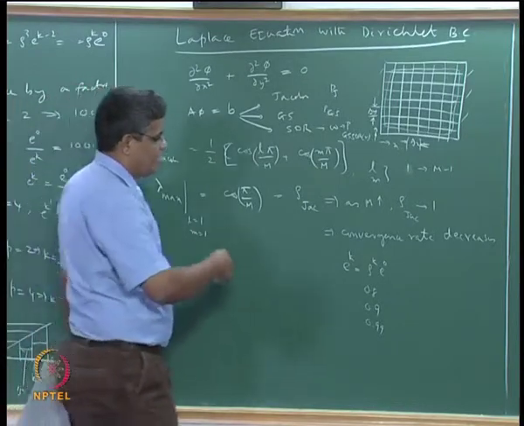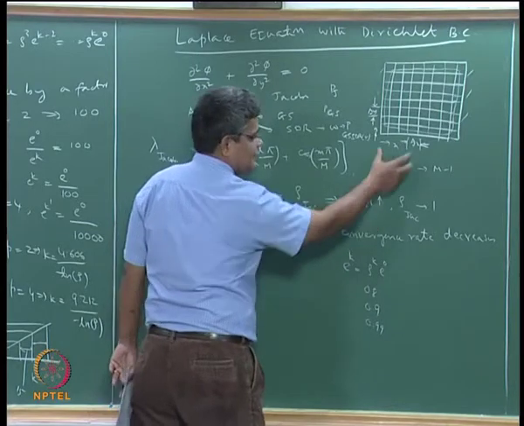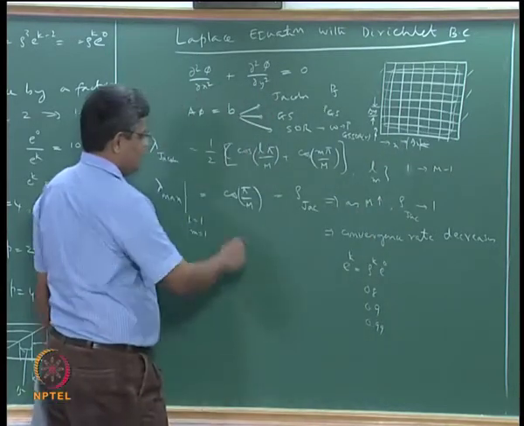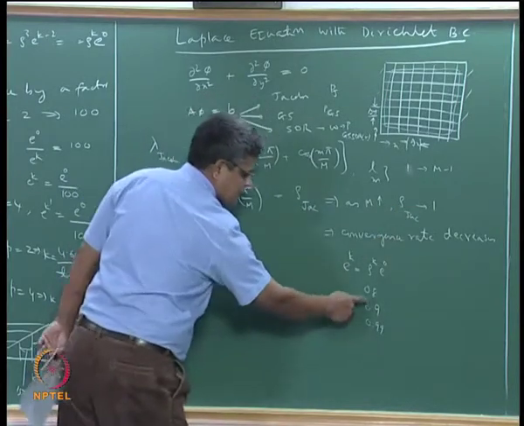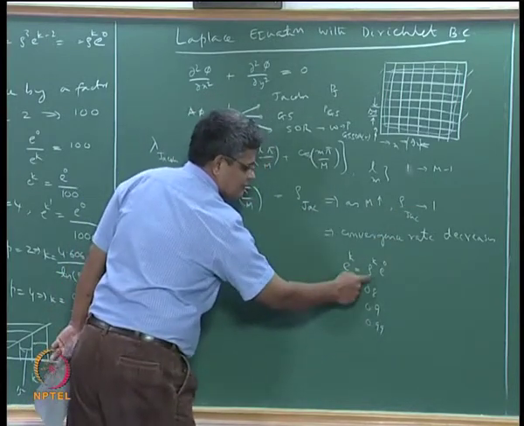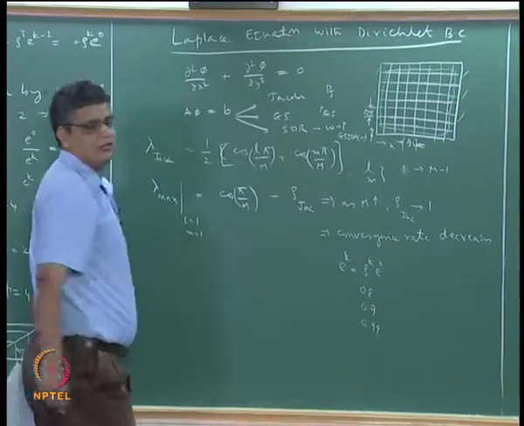Okay, so as the number of divisions increases, cos(pi/M) is approaching closer and closer to 1, and as this approaches 1, the error reduction factor per iteration is going to decrease.